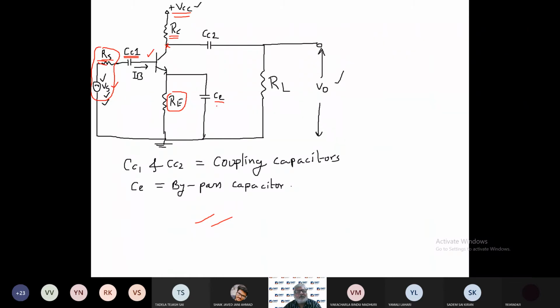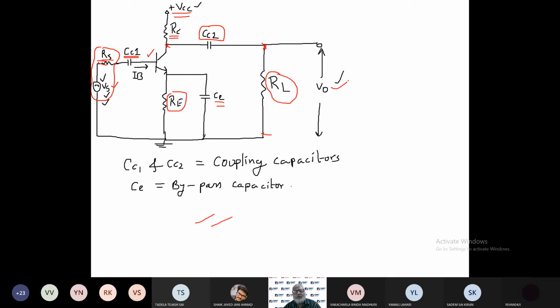There is a capacitor CE which is connected in parallel to this RE resistor. Now you find here one capacitor CC2, right? And load resistor I have connected here between this end and the ground.